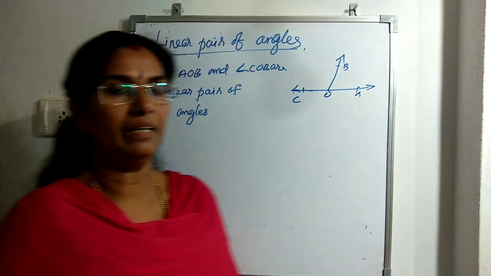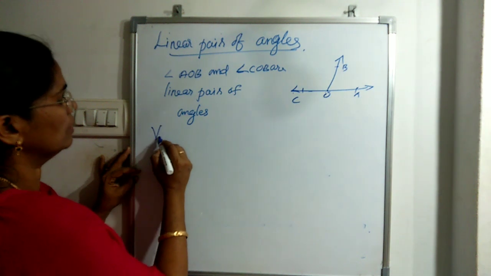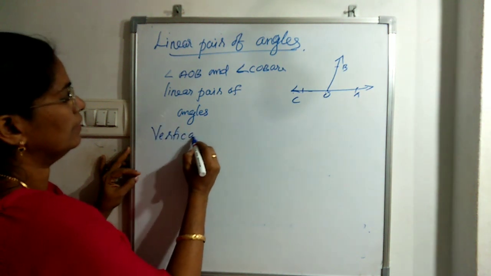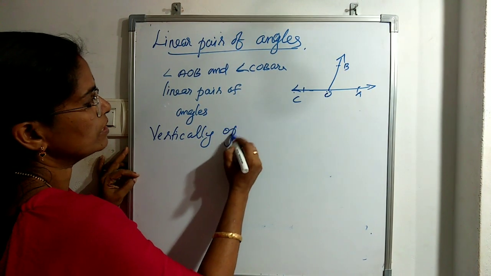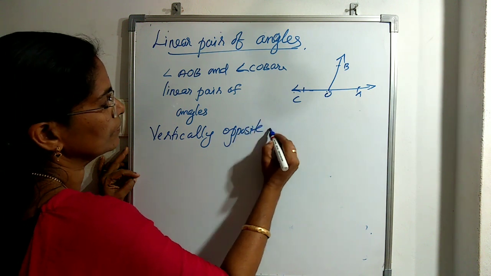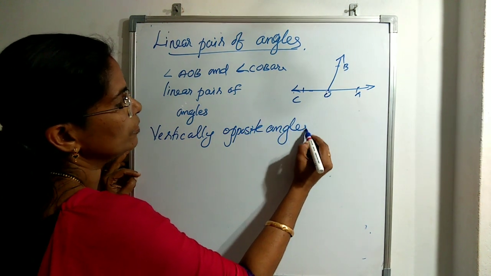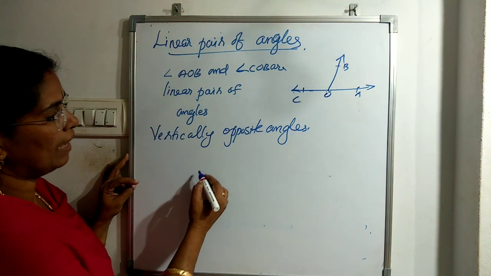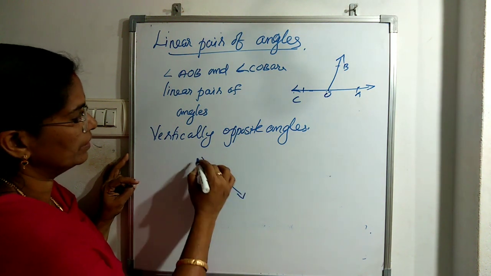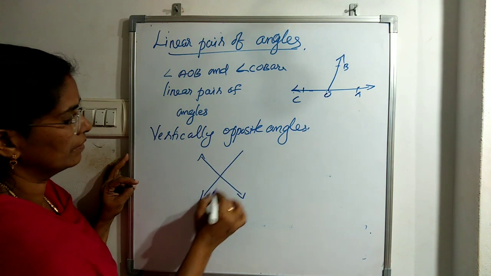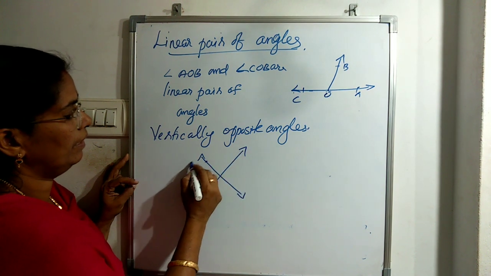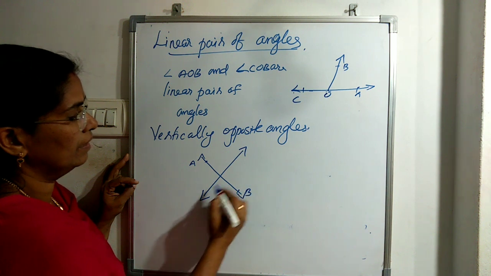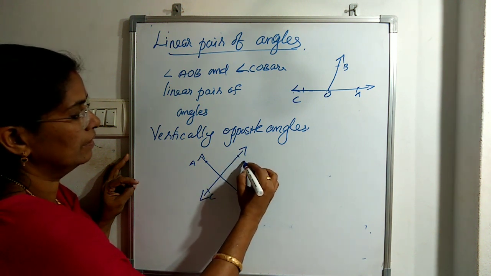And another important term is vertically opposite angles. Listen, when two lines intersect at a point, one line is AB and another line is CD.